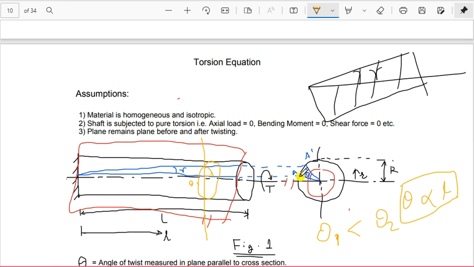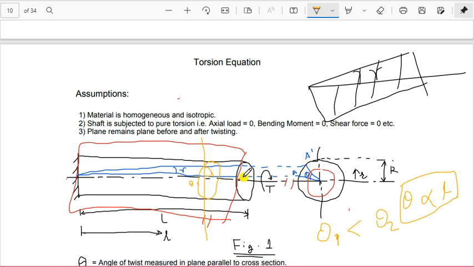Now you can understand that this gamma is independent of r, that is radius. Let us say if this is the small radius of considered radius, red color radius, then you can draw a line.